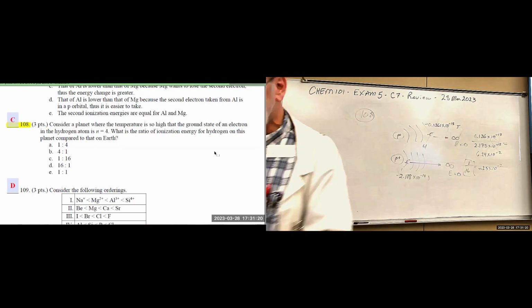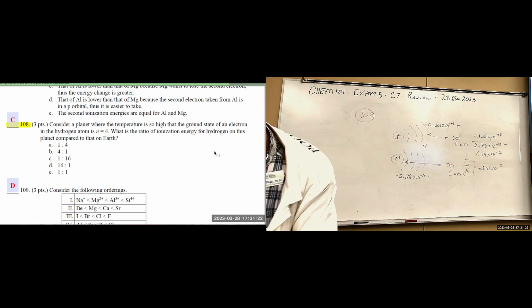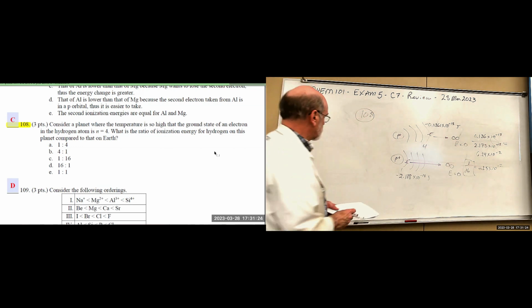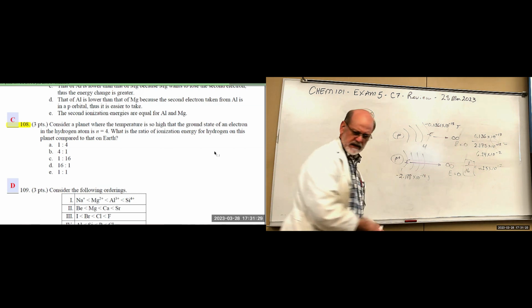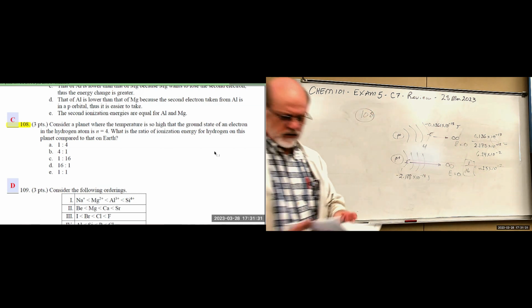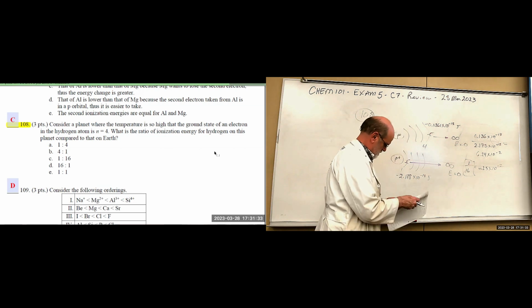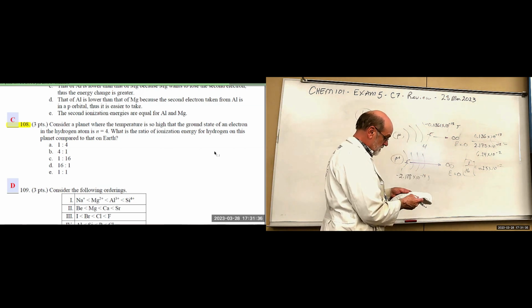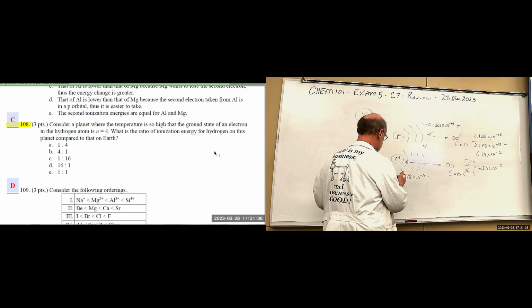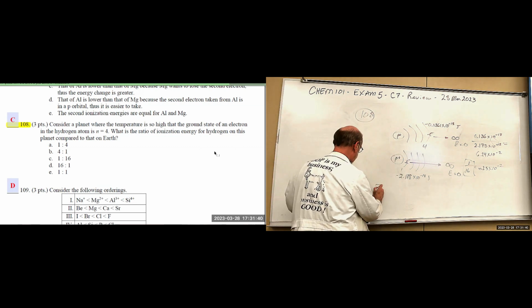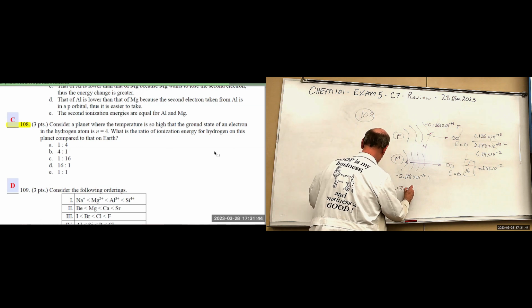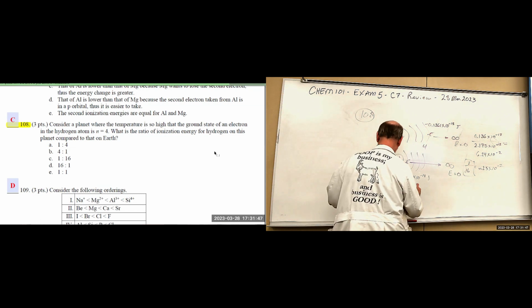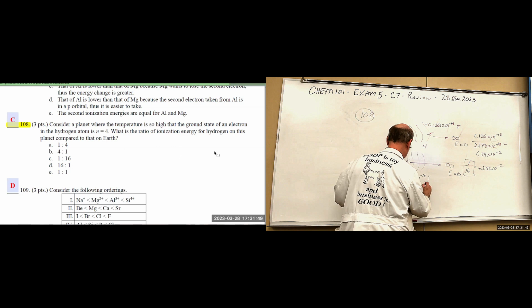Now, the other way to work this problem is to use the formula in the useful information. Energy equals minus 2.178 times 10 to the minus 18 times Z squared over n squared.